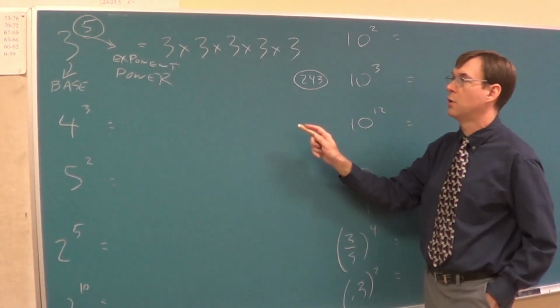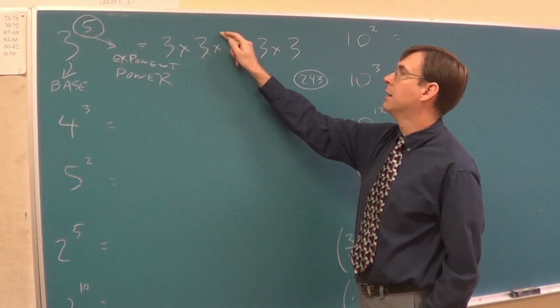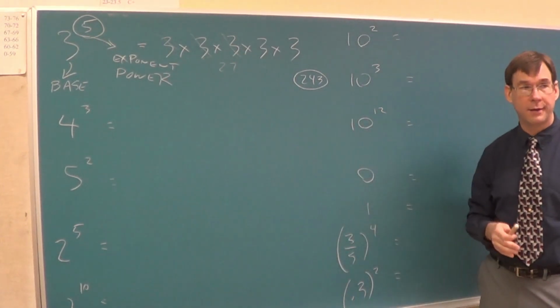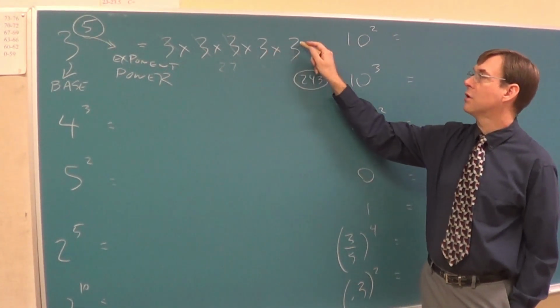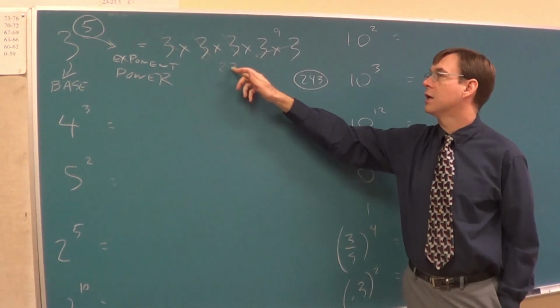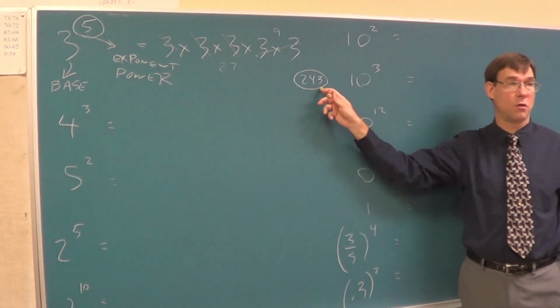Another way you could do this would be to group it up. 3 times 3 we were comfortable making 9, times another 3 we were comfortable making 27. So go that far and then give up for a minute, because we're still comfortable with 3 times 3. 3 times 3 makes 9. So we could go 27 times 9, and 27 times 9 would still get you 243.